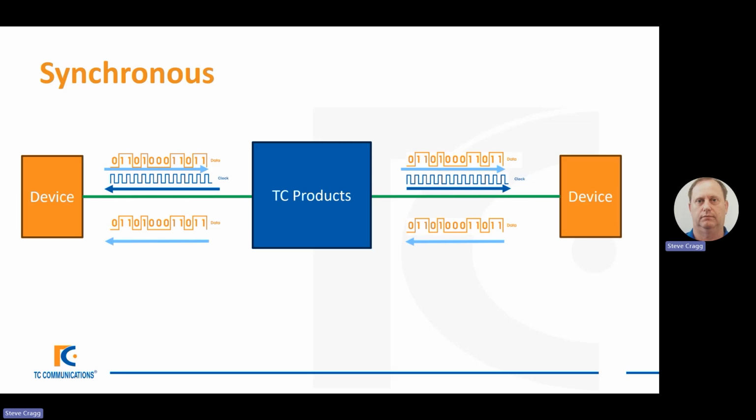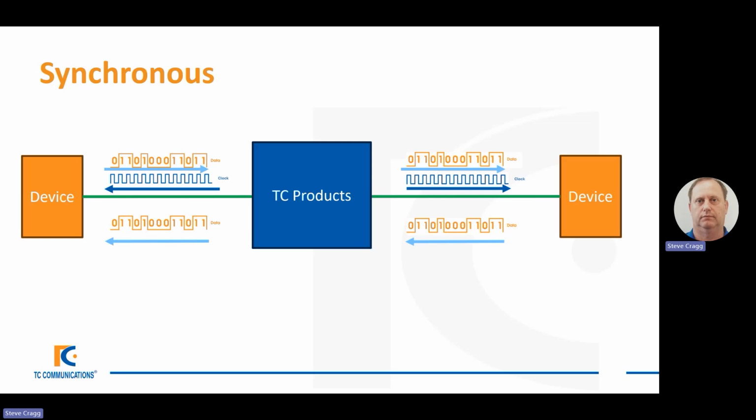Although we showed originally the clock being generated from the device on the left to the one on the right, of course you could set it up to go the other way. Or you can set it up to have the clock in the center, generated by the TC product.